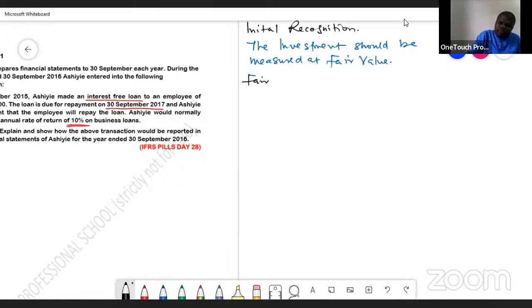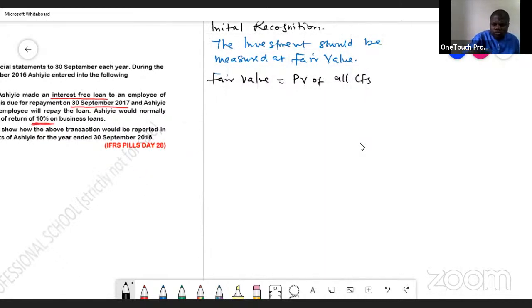Fair value is equal to the present value of all cash inflows.